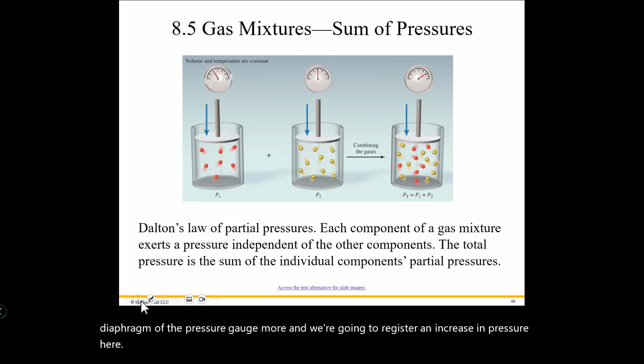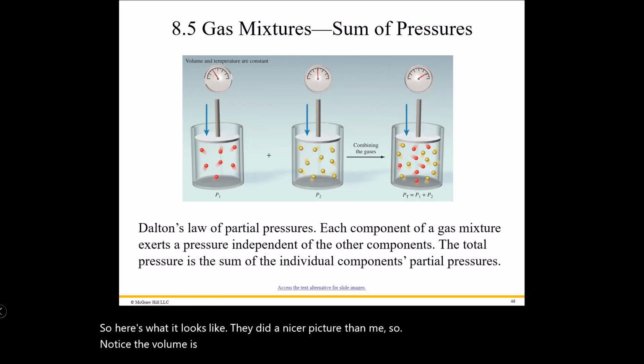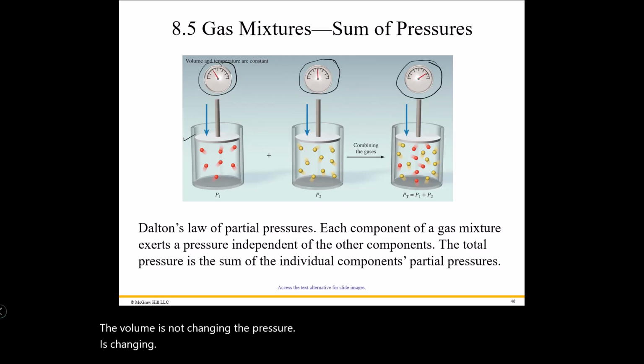So here's what it looks like. They did a nicer picture than me. So notice the volume is not changing. It's exactly the same in all three. The volume is not changing. The pressure is changing. So we got gas A here.